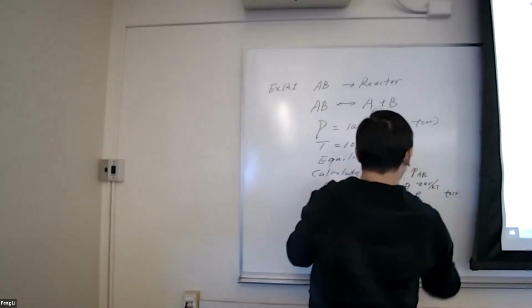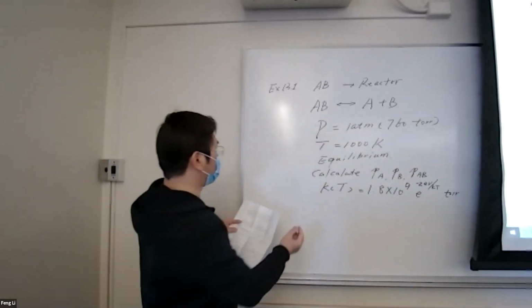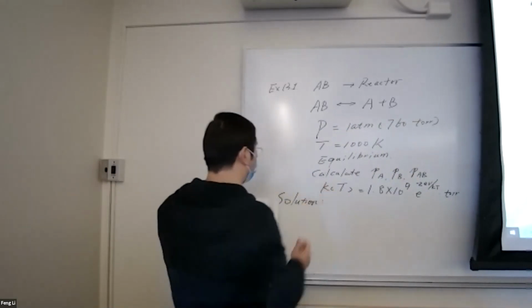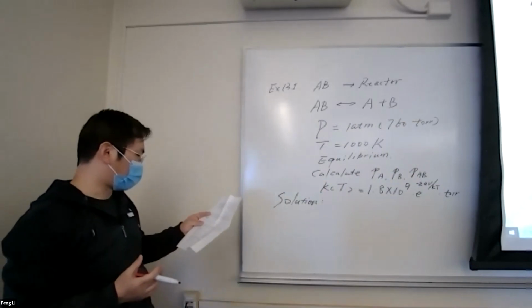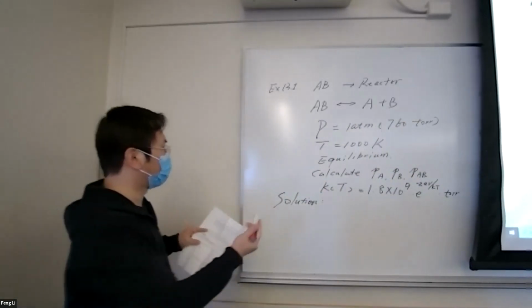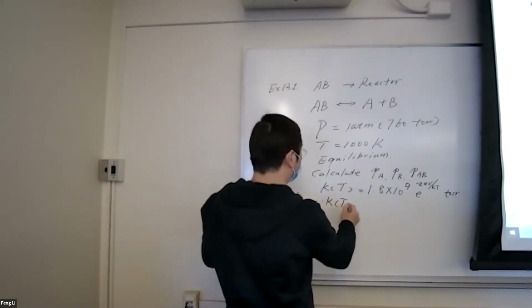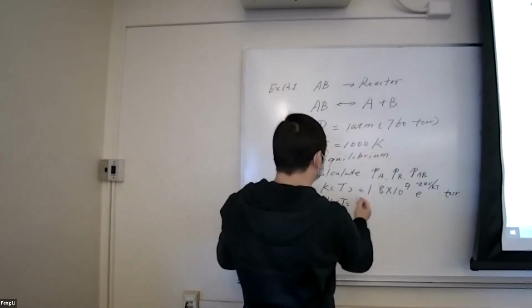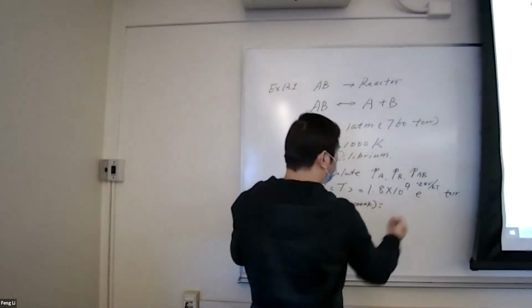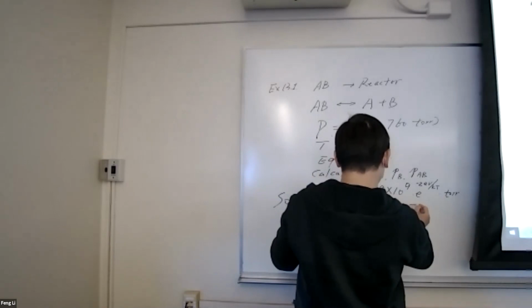So let's solve this problem. Firstly, we can calculate K. For T equal to 1000 K, we can do a simple calculation, so it will be 0.154.